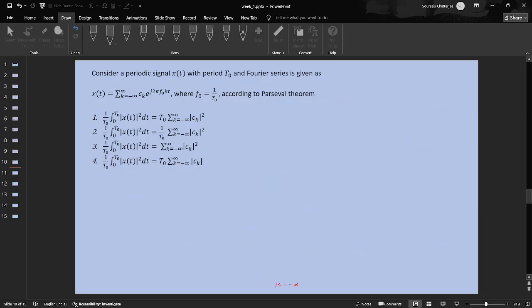Let us move to the next question, which is kind of interesting, from Parseval theorem.